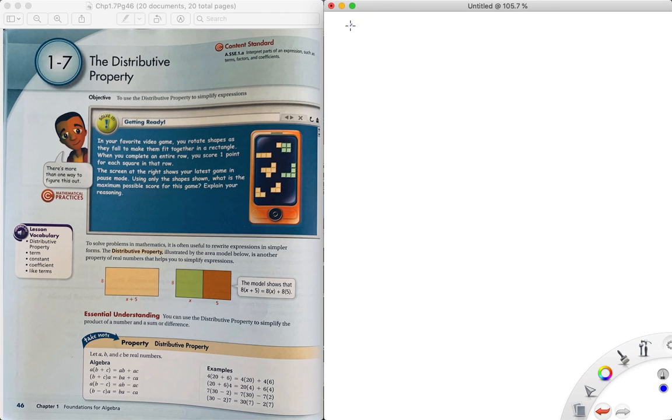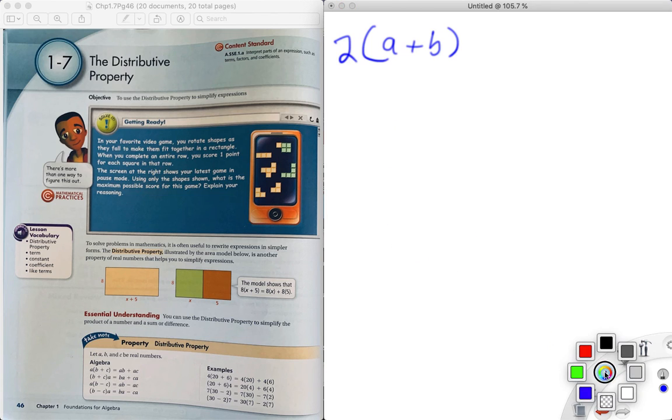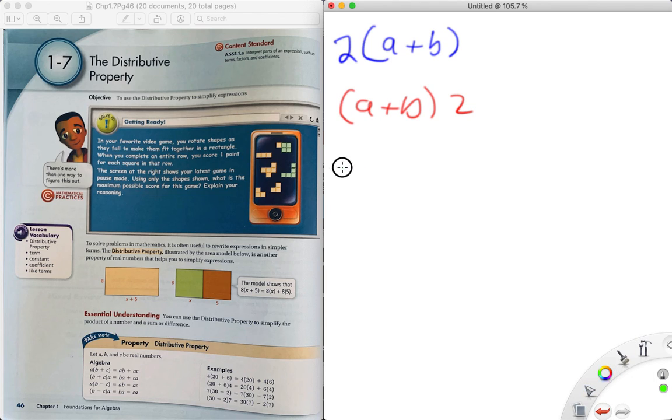When we talk about the distributive property, let's say 2 times (a plus b), I'm going to do something similar to the book: (a plus b) times 2, 2 times (a minus b), and (a minus b) times 2. These are all distributive property scenarios.